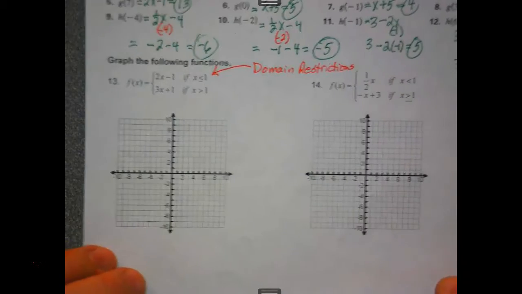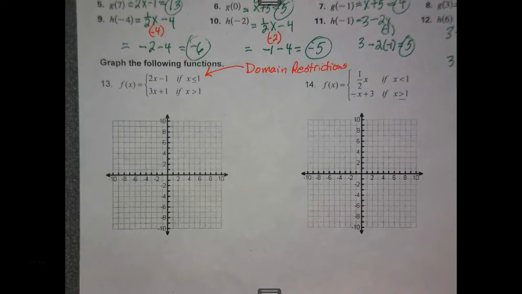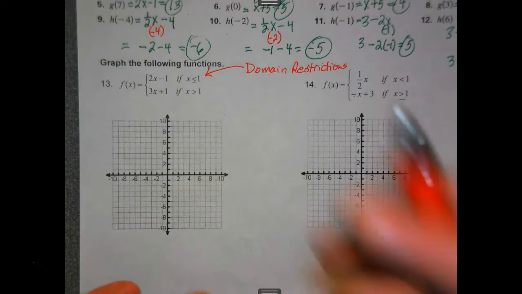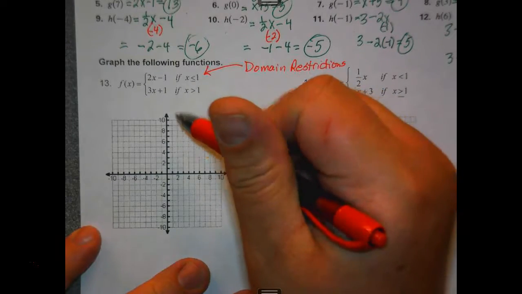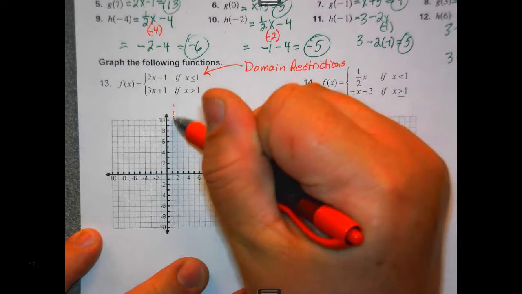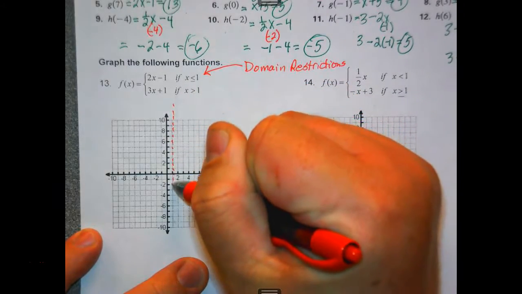Anybody happen to know what happens at our domain restrictions? In this case, the number 1. There's actually an asymptote there. There's a boundary line, right? Not so much an asymptote, a boundary line at x equal 1.